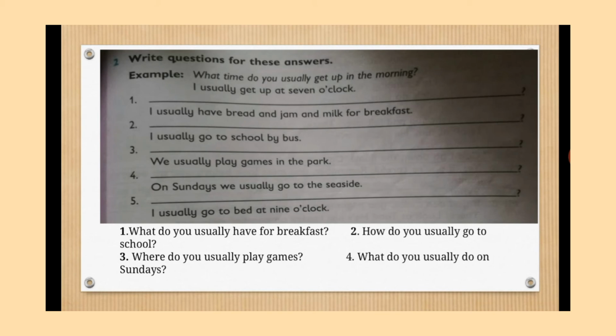Second, I usually go to school by bus. So what would be the question when you ask from someone? Question would be as, how do you usually go to school? Third, we usually play games in the park. Question would be, where do you usually play games?